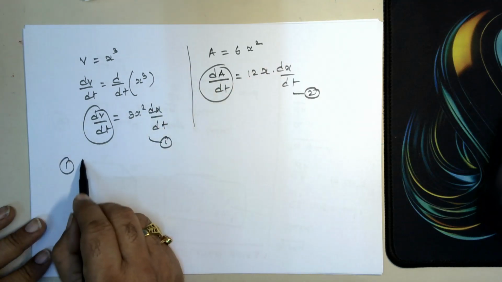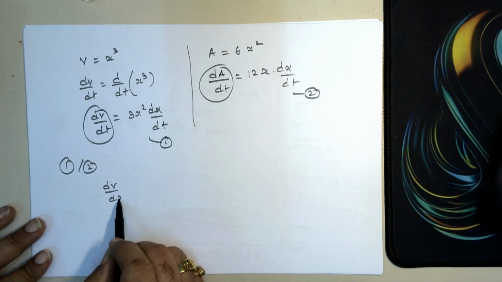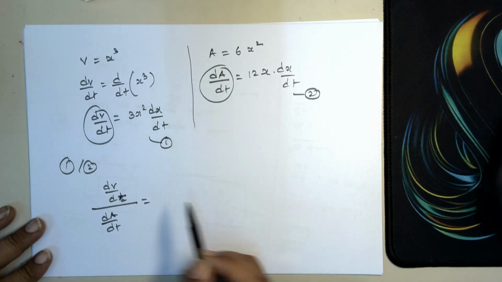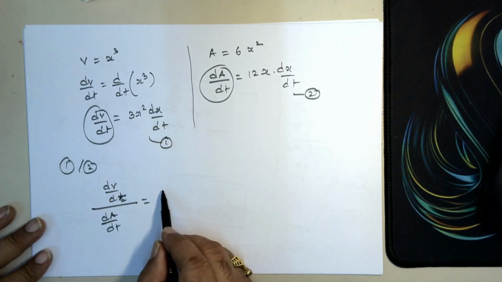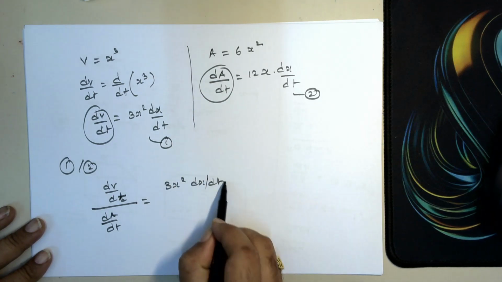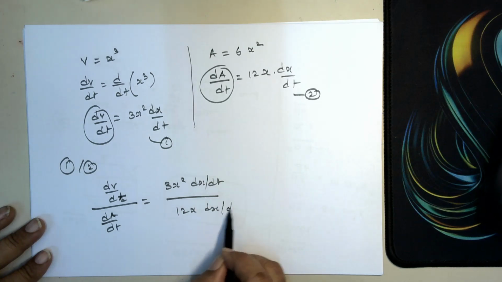So equation 1 divided by equation 2. Therefore, dV by dt divided by dA by dt is equal to what is that? 3x squared dx by dt divided by 12x dx by dt.